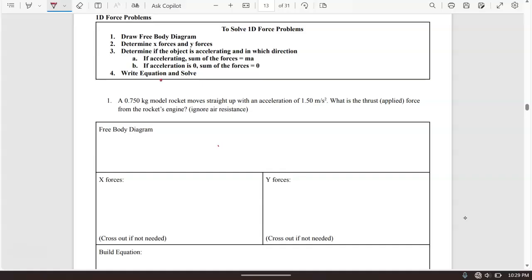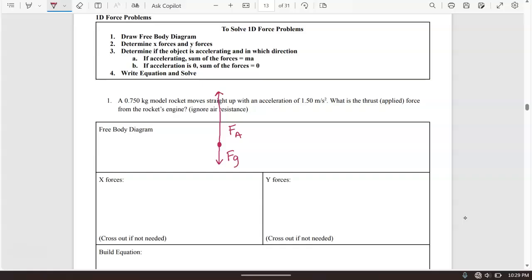So if we're ignoring air resistance, when we draw our free body diagram here, we're going to have that force straight up, that applied force, Fa. And then we're also going to have that force down from our force of gravity. Now, our force of gravity is going to be smaller than our applied force. We don't necessarily know how much smaller.